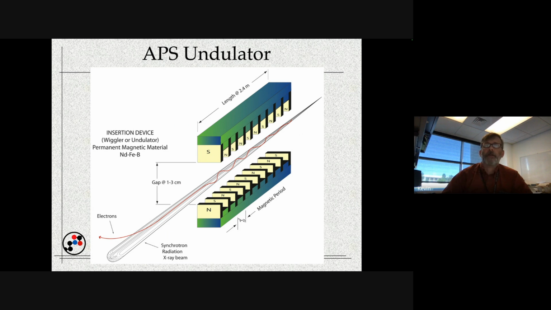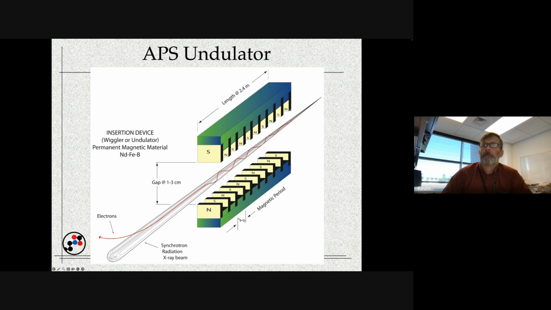An undulator is basically a series of magnets, and the electron beam will come through the magnets from the back right of this slide, coming into the front, and as it comes through this array of magnets, the beam will start to undulate side to side.